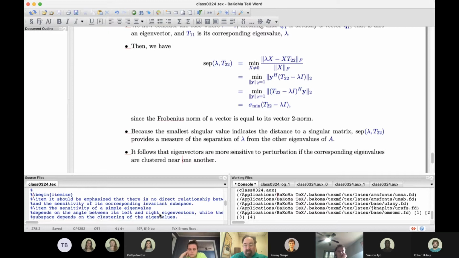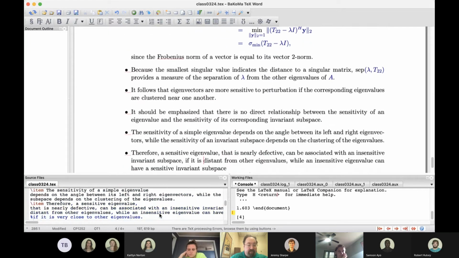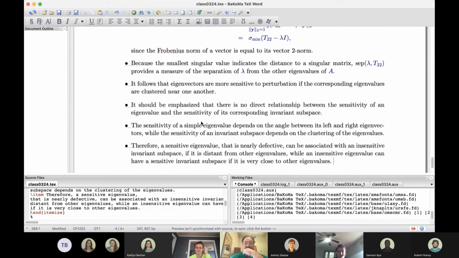So to summarize the whole discussion of sensitivity of eigenvalues and eigenvectors, here are the key points. First of all, there's no clear relationship between how sensitive an eigenvalue is and how sensitive its invariant subspace or its eigenvector is. You can have one being sensitive, the other being insensitive.